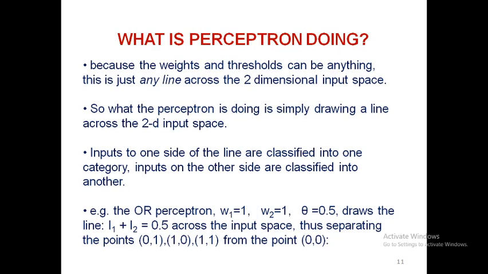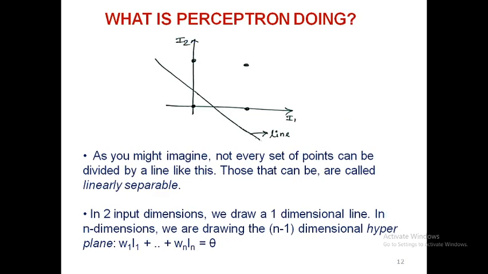So we simply take one point below that line, which is 0,0. The other three points, 0,1, 1,0 and 1,1, all those combinations will fire the neuron. As you might imagine, not every set of points can be divided by a line like this. Not all the points can be divided. Those that can be are called linearly separable.